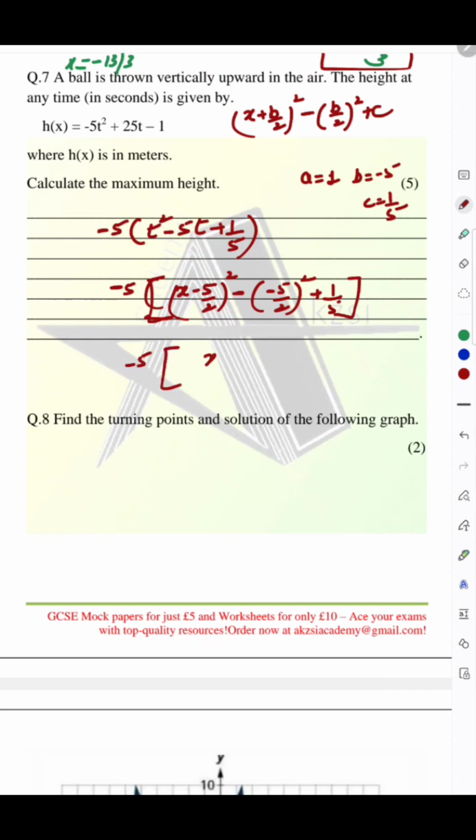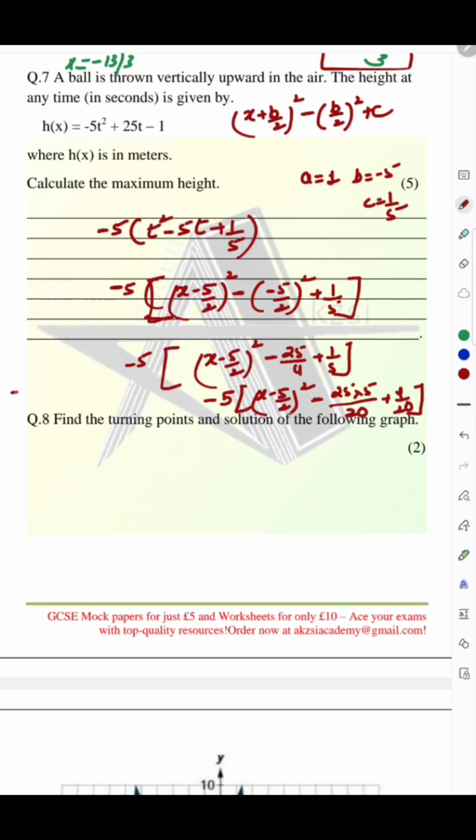So this will be x minus 5 by 2 whole squared minus 25 by 4 plus 1 over 5. Taking the LCM, it will be minus 125 over 20 plus 4 over 20.